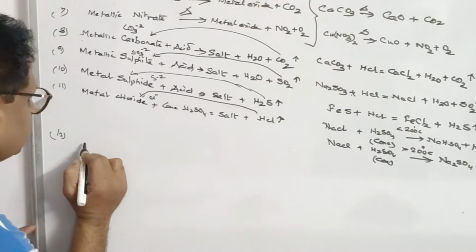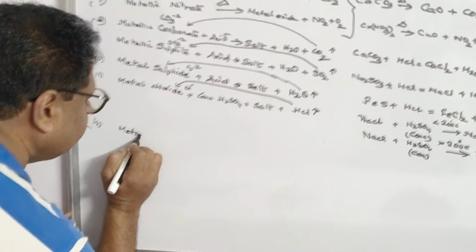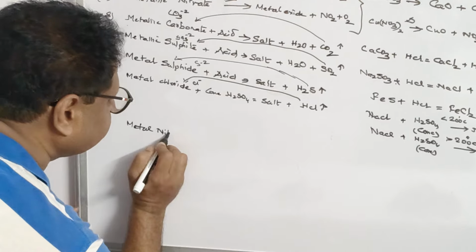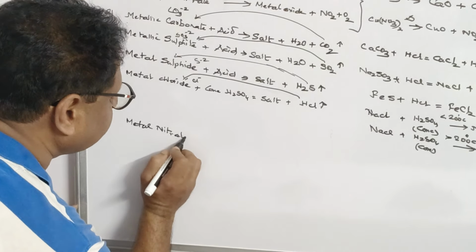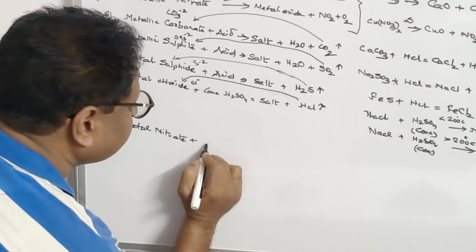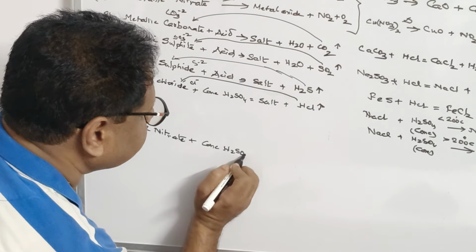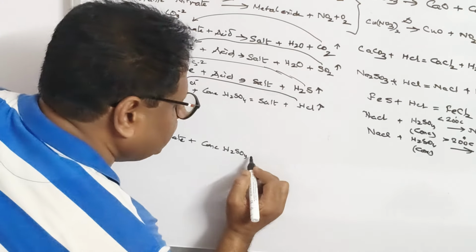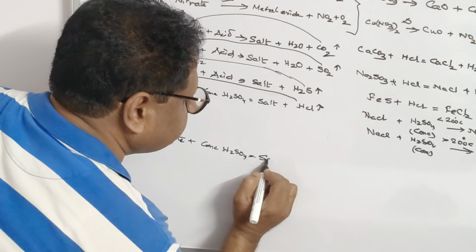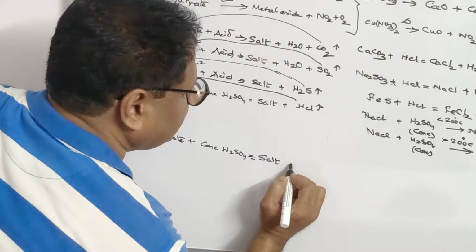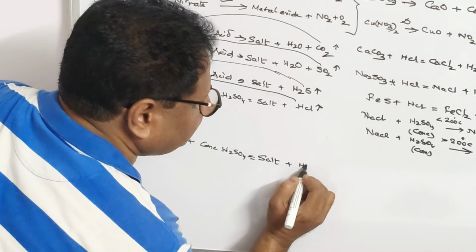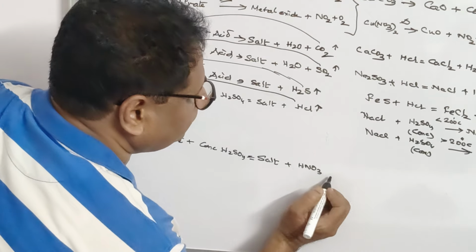Next rule, if you consider a metal nitrate, make it react with conc H2SO4, you get a salt along with HNO3, nitric acid.